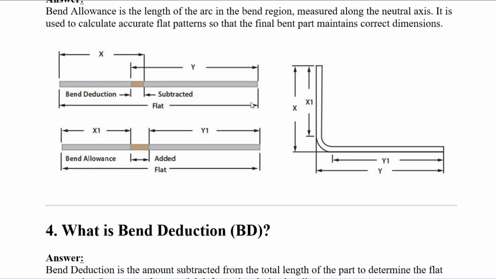So this is the alternative, the bend deduction. Here we are reducing the bend length, and in bend allowance we are adding. But the measurement approach is different: in bend allowance we measure till the bend edge, and in bend deduction we measure completely from end to end.